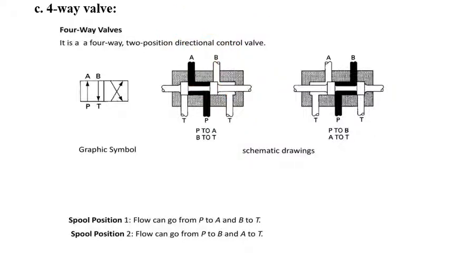And when we go for a second position, P is connected to B and A is connected to T. This one indicates a retraction of the cylinder or retraction of the piston. How does it happen? Look at the diagram, and this A is connected here and B is connected here. Look at this.